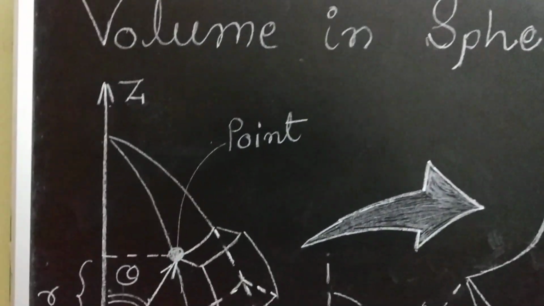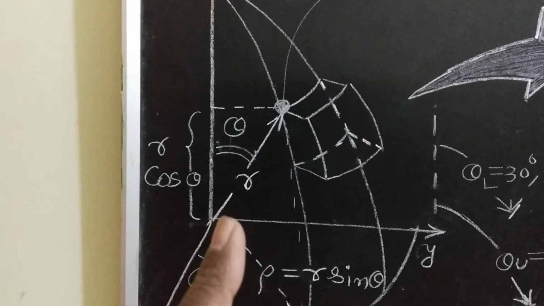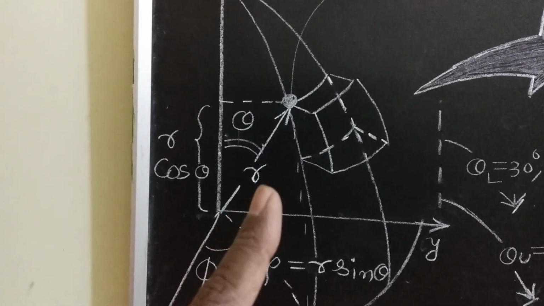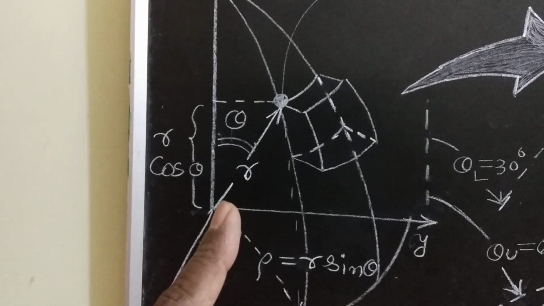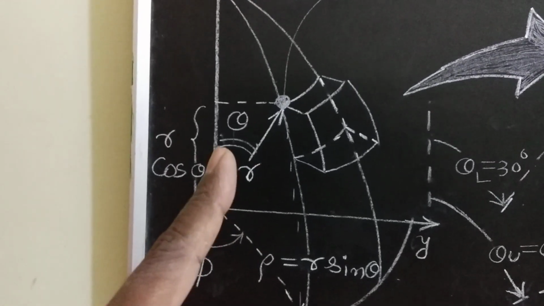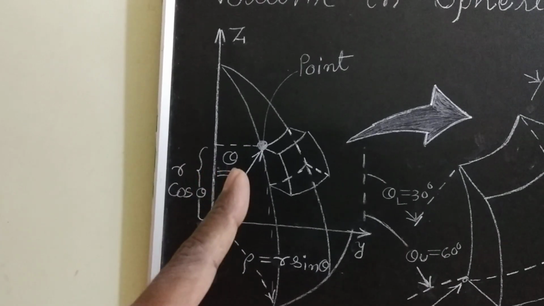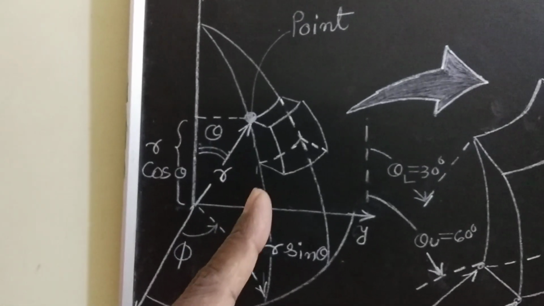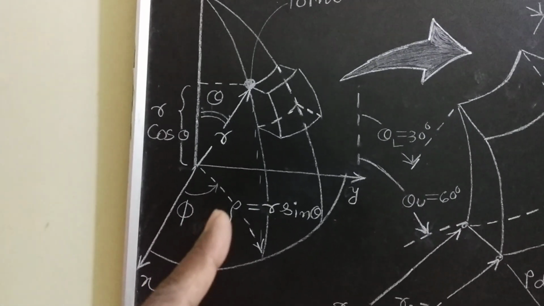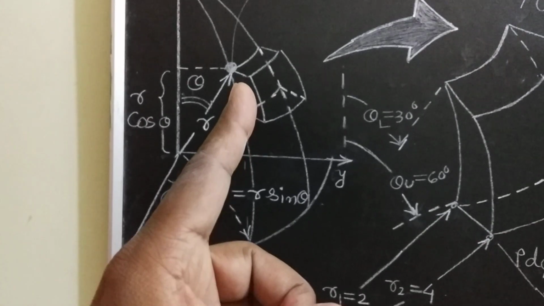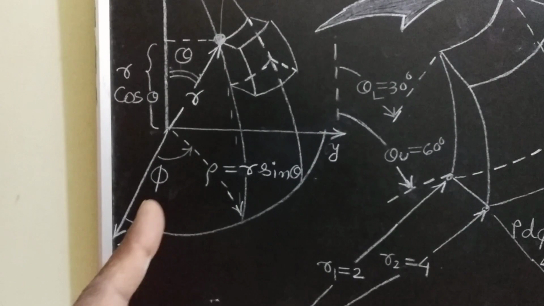In a spherical system, any point may be described by a radial coordinate r, which is the distance from the origin to the point, the angle theta which this r makes with the z-axis, and the coordinate phi, which is similar to the cylindrical system, in which the projection of r, which is rho, makes an angle with the x-axis.